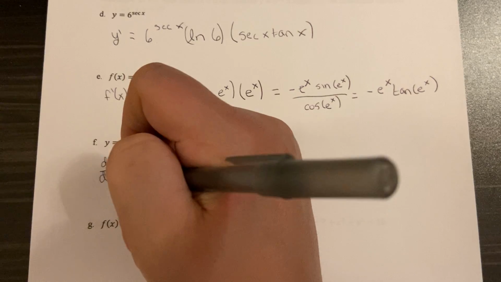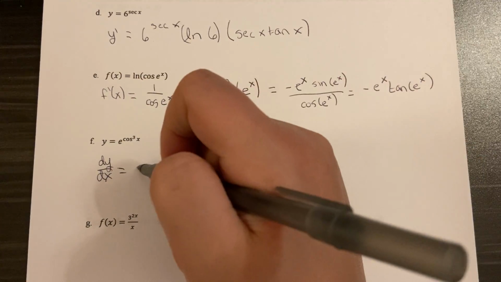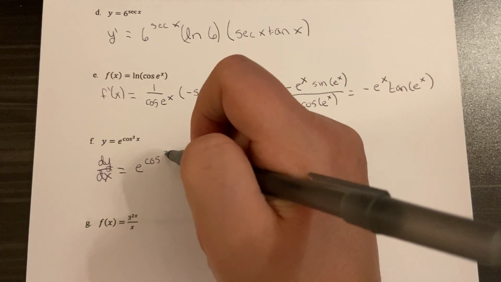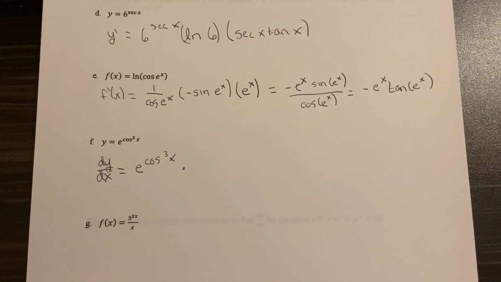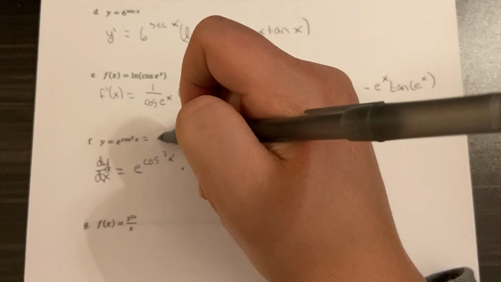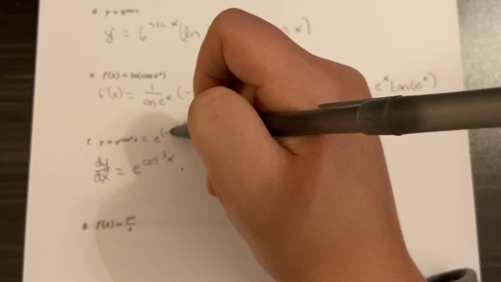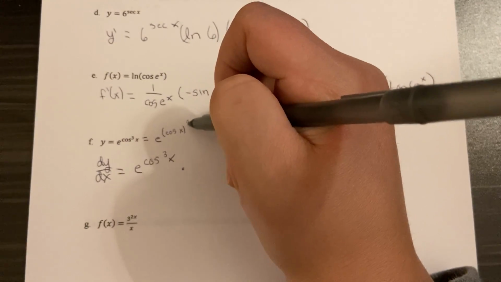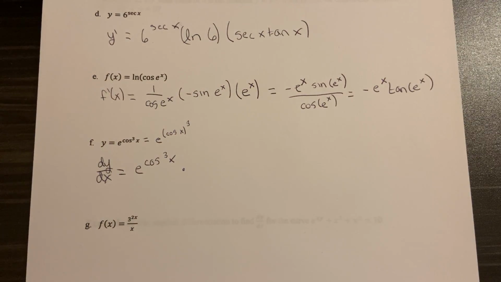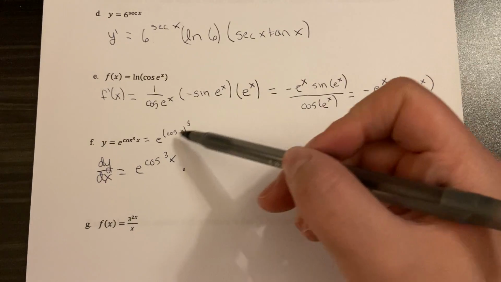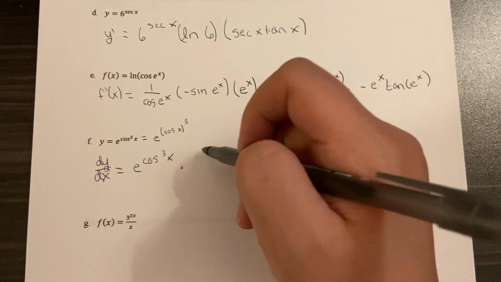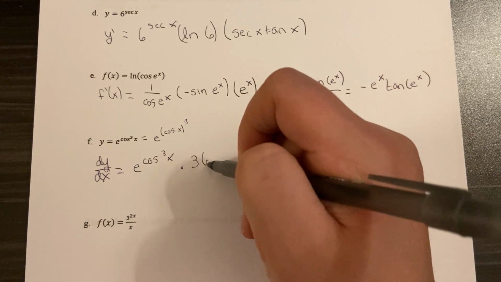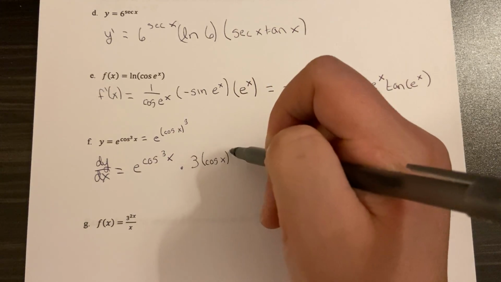So dy dx would equal e to the cosine cubed x times the derivative of cosine cubed. So maybe up here, just rewrite this differently. This just really means e to the cosine of x, cubed, right? That's really what it means. So to take the derivative of cosine of x cubed, think of it like chain rule. You put the 3 in the front, keep the function as is, squared.